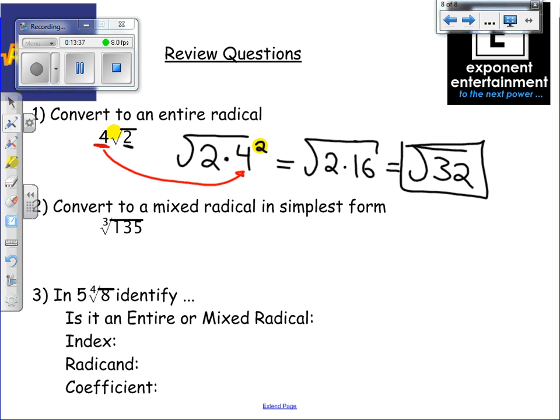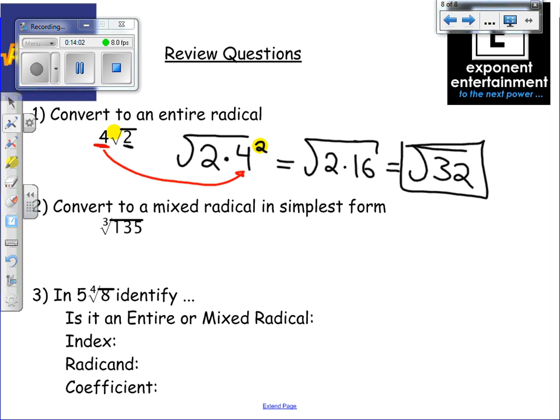Now, convert the mixed radical to simplest form. Number 2. There's a couple other tricks we need to remember for simplest form. If it's a fraction, you have to break that fraction down into simplest form as well. This one's not, but you're going to see that. Okay, convert to mixed radical form. What chart do we need? The cube chart, right.